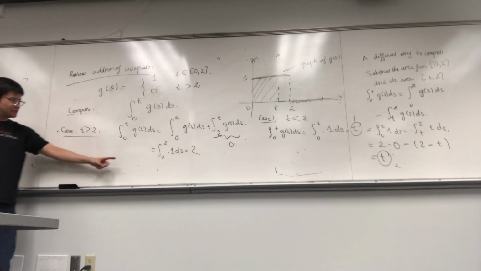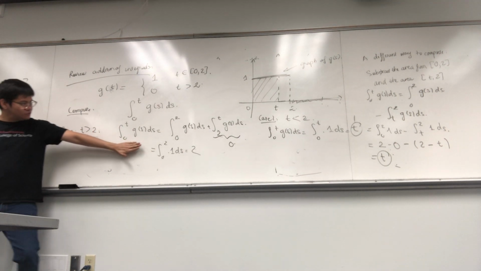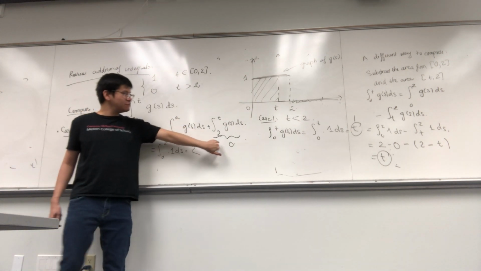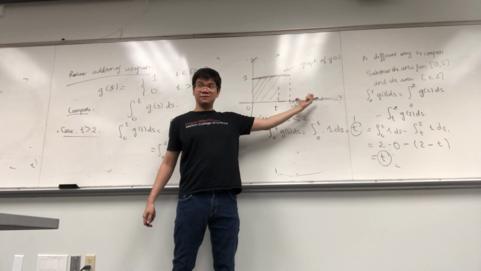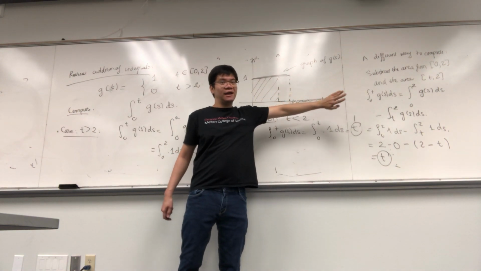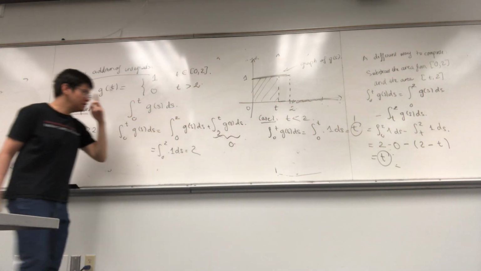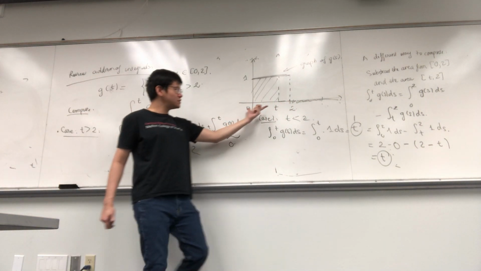So when t is bigger than 2, I compute the area, but the area will be the area from 0 to 2 plus the area from 2 to t. But the area from 2 to t is 0 because it is like this, all right? It is always this line, and there's no area there. So this is 0. So the first one is always 2.